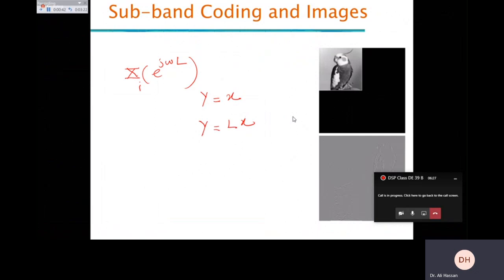Okay, so y is equal to x. If you plot y is equal to x, at 1 you have value 1. But for example, let's say L is 4. Now, once you put x is equal to 1 by 4, then y will be 1.